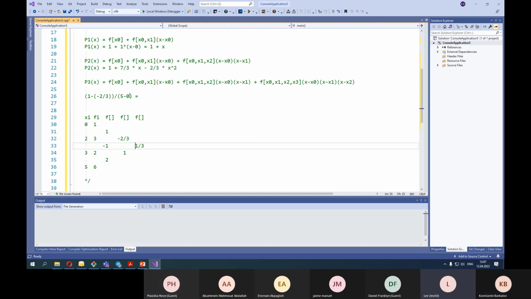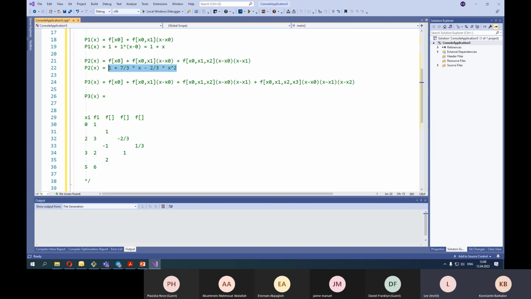Well, as far as we compute this term, it's very simple to write a polynomial of degree 3. P3 of x equals 2... You see that I repeat it again, it's very important, that the next polynomial differs from the previous one only in the last term.